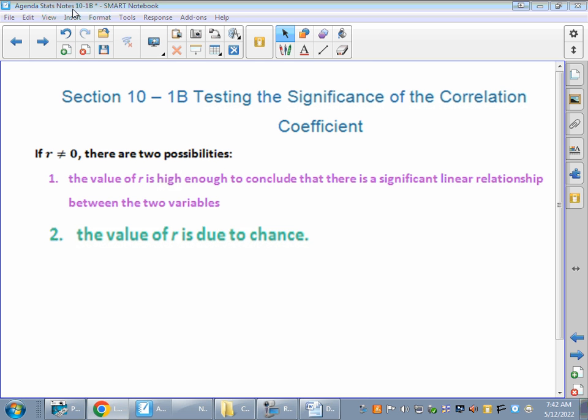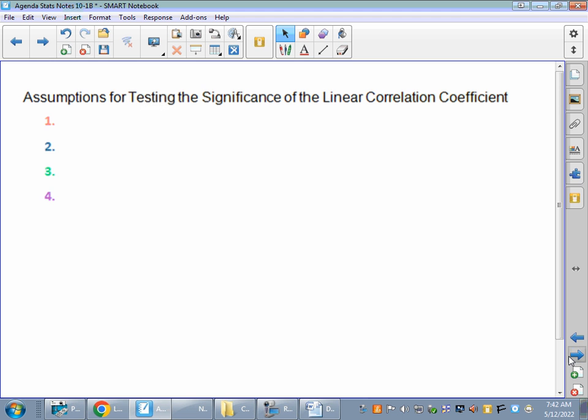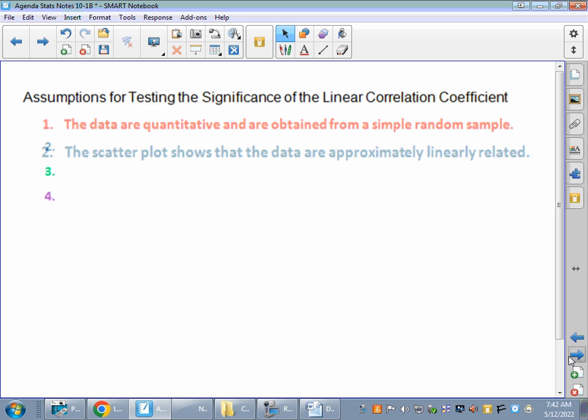So we've got some assumptions to make here. First of all, the data have to be quantitative, so numerical. We've got ourselves a simple random sample. The scatter plot that we made way back shows that there is some sort of linear relationship. Again, if we didn't see a relationship, we calculate R, it's close to 0, we don't have anywhere else to go.